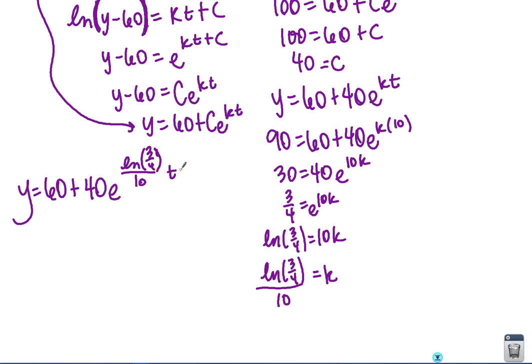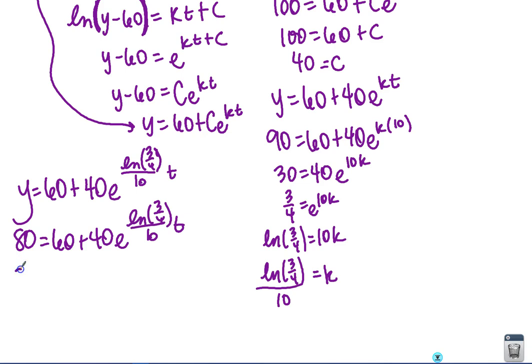I need to know at what time, or how much longer, it'll take me to get to 80 degrees. So I already know that y is going to be 80. Okay, so I've plugged everything in, and we just need to solve for t.